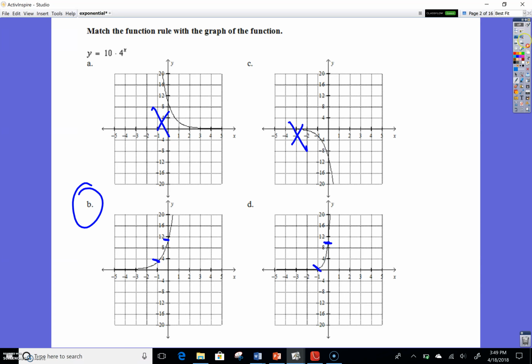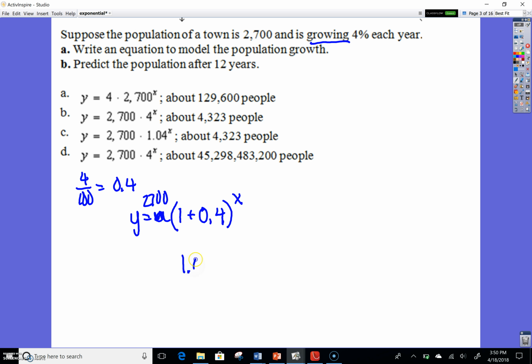Now, a is 2,700. If you add 1 plus 0.4, you get 1.04. 0.004. Okay, so y equals, see, that's not right, that's not right.